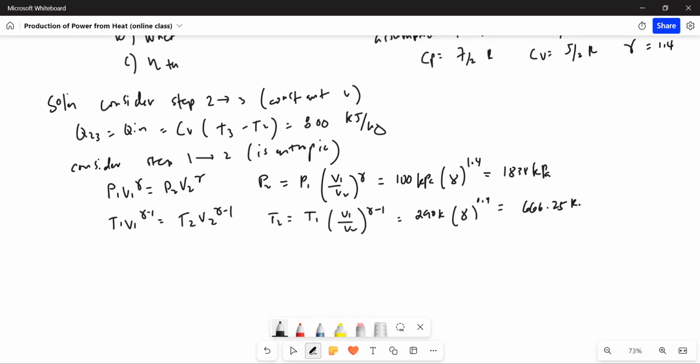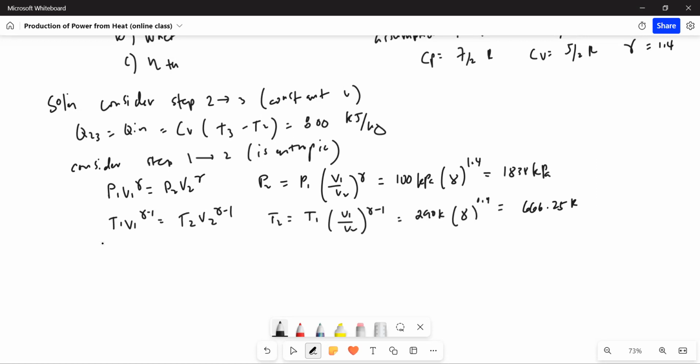Okay. Now we can solve for T3 using this equation, using the value for T2 and substituting the known values.